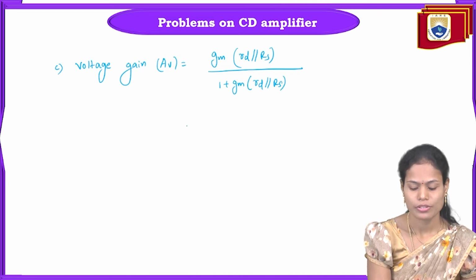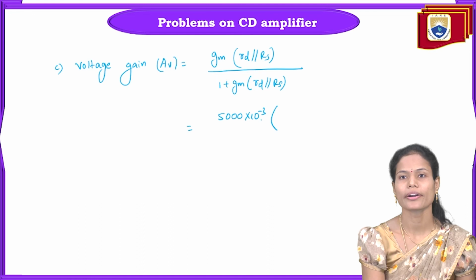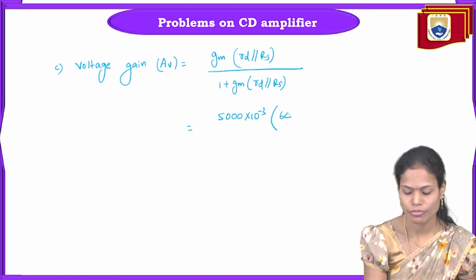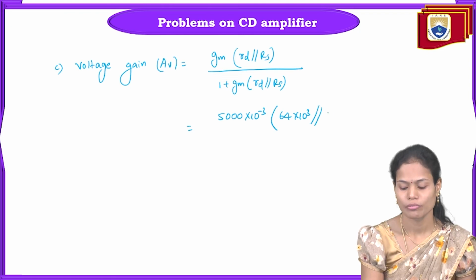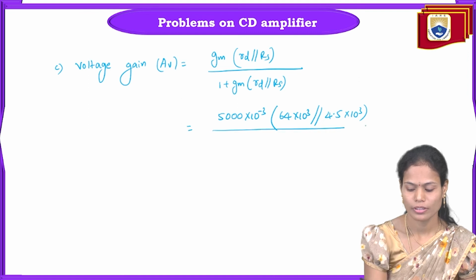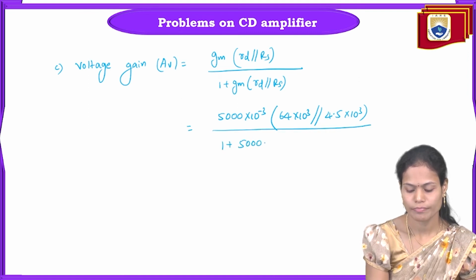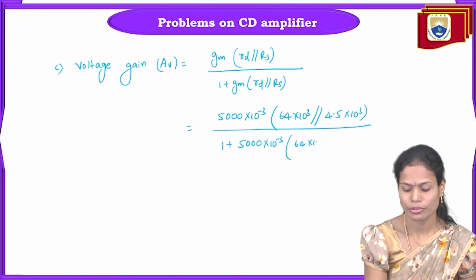The Gm value is 5000 into 10 power minus 3 and the Rd value is 64 kilo ohms, parallel with 4.5 into 10 power 3, divided by 1 plus 5000 into 10 power minus 3, into 64 into 10 power 3 parallel with 4.5 into 10 power 3.